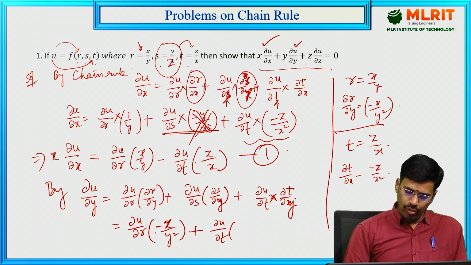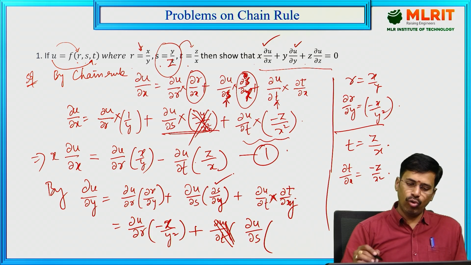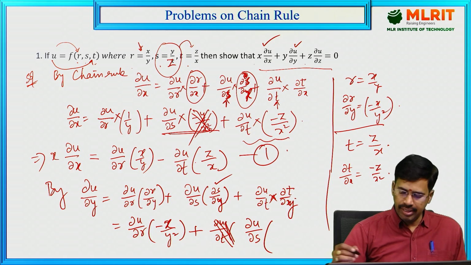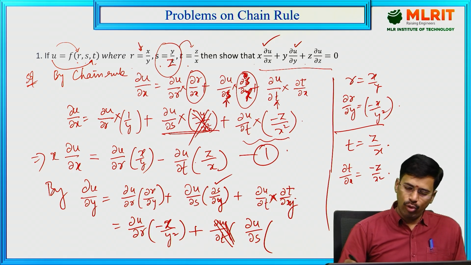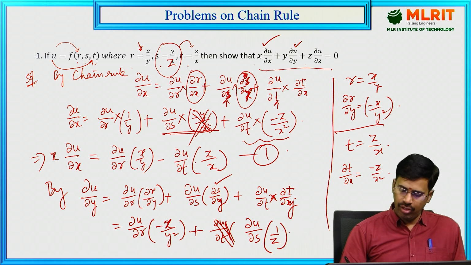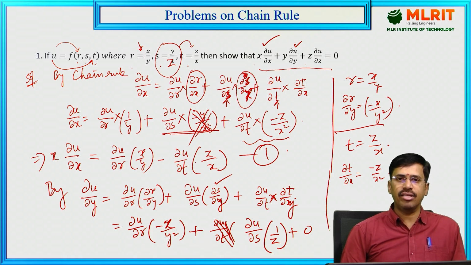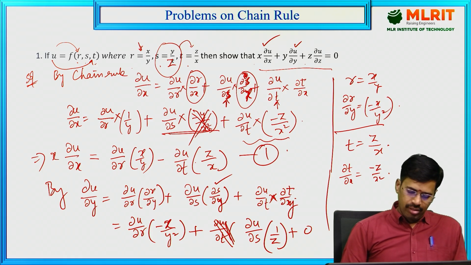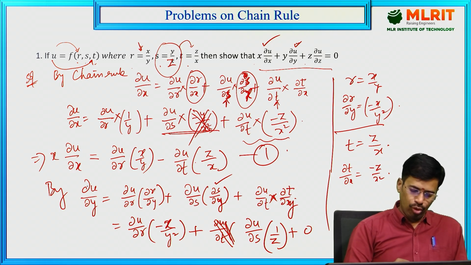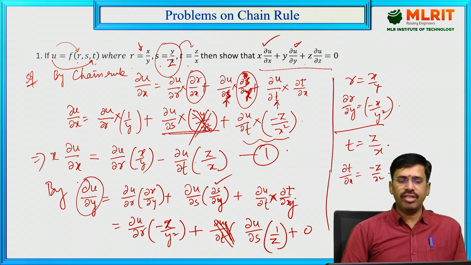So ∂u/∂s into ∂s/∂y, what is ∂s/∂y? s is given as y/z. ∂s/∂y is 1/z, plus ∂u/∂t into ∂t/∂y, the value is 0 because in the function t there is no y term, right? We got ∂u/∂y only.